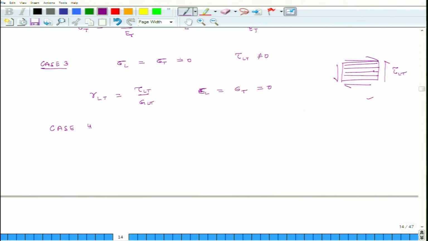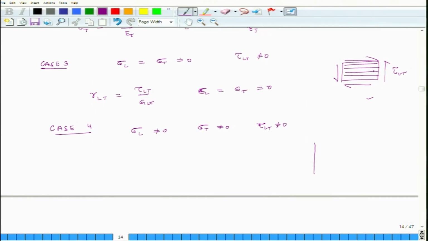And what is case 4? All the stresses sigma L, sigma T and tau LT are present. So, sigma L is not equal to 0, sigma T is not equal to 0 and tau LT is not equal to 0.